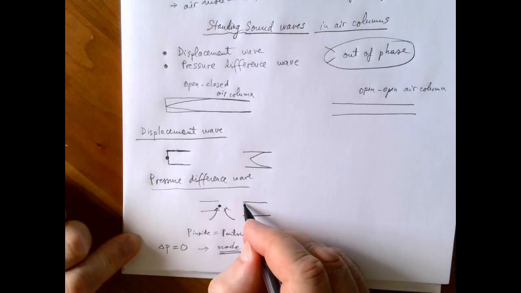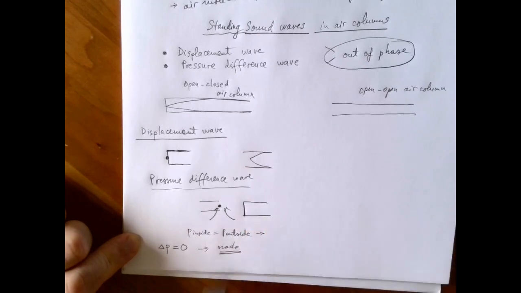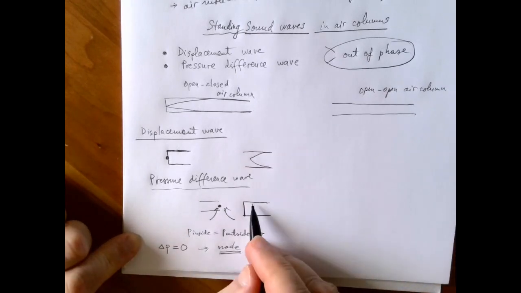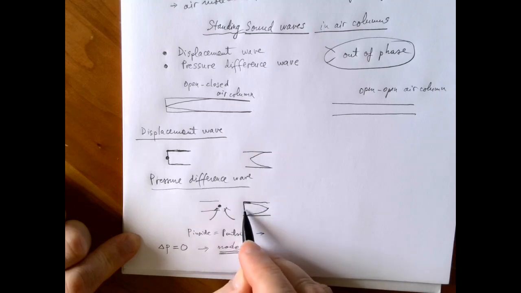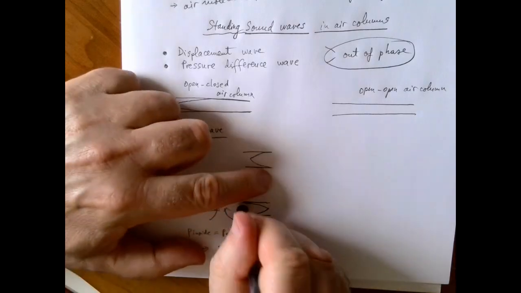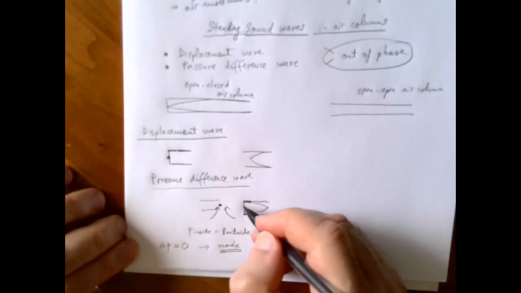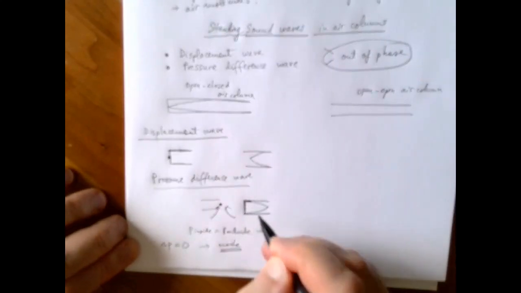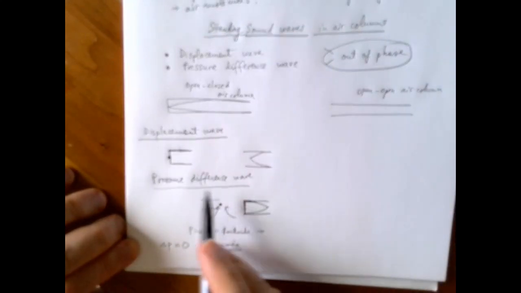And similarly, if I bring the pressure wave and look at it at the closed end, this will have to have an antinode here because, maybe I shouldn't draw it there, again the displacement wave has a node there.